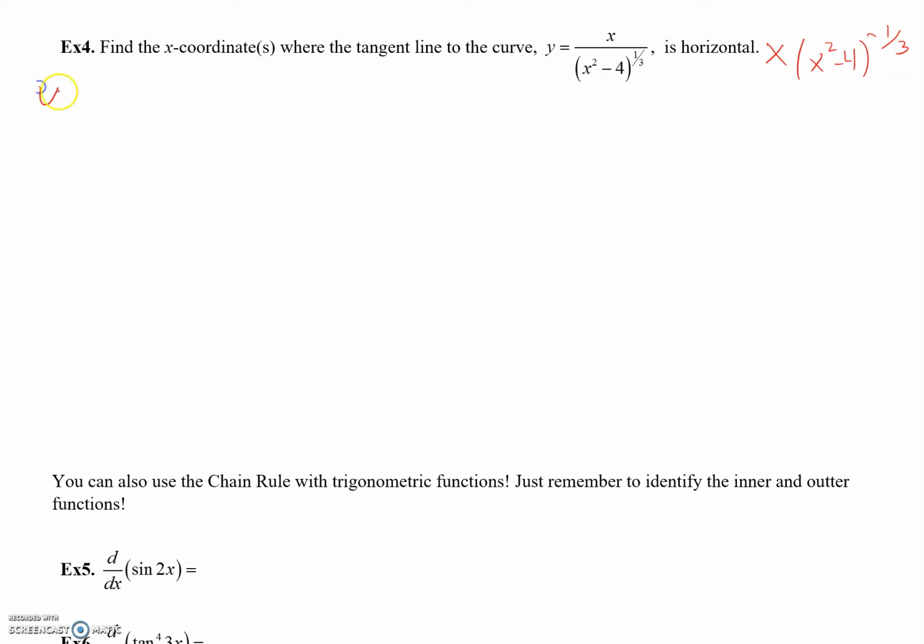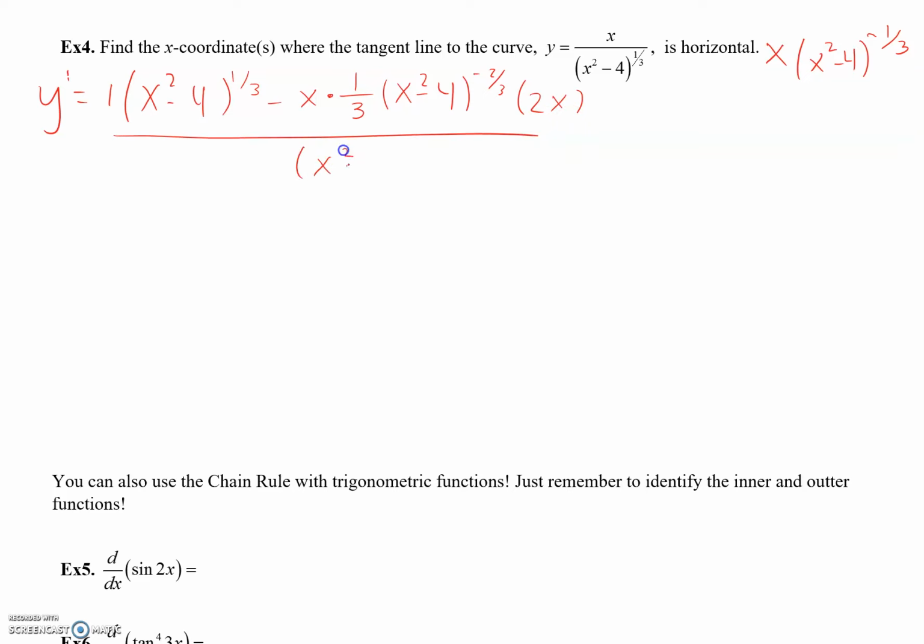All right, so let's just check our quotient rule. So I take the derivative of the top, it's 1, times the bottom, minus whatever was in the top, times the derivative of the bottom. So this is where chain rule comes into play. So you just check your work, see if you did everything the same as me, making sure to multiply by the derivative of the inside, all over the denominator squared.